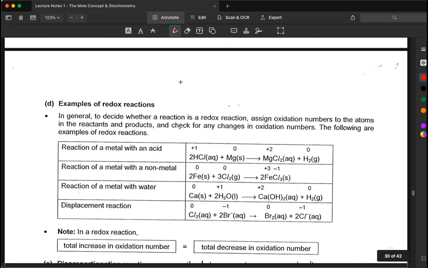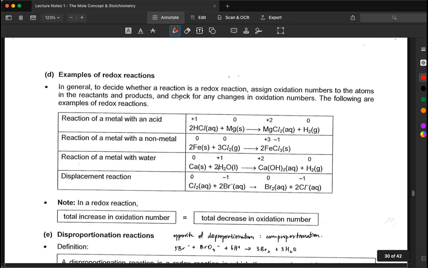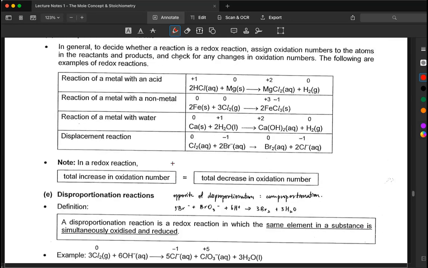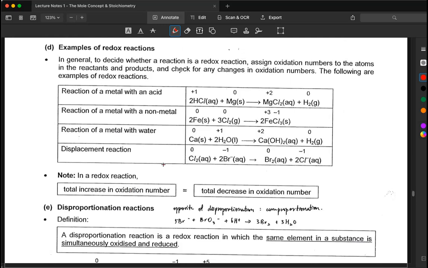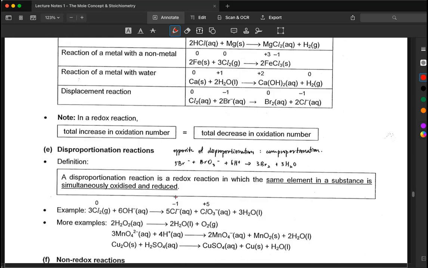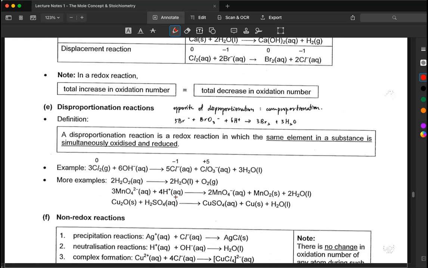Okay, these are just examples of redox reactions I will not go through, but just take note that the total increase in oxidation number should be equal to the total decrease in oxidation number. Okay, this is something new. Disproportionation reactions. In a disproportionation reaction, the same element is simultaneously oxidized and reduced to form two different products.